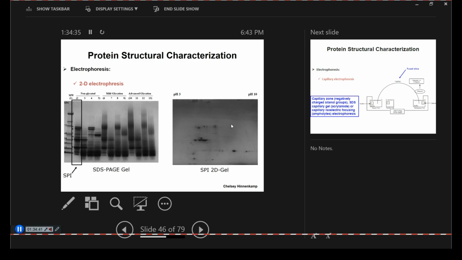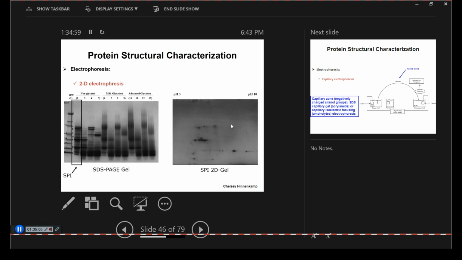We run it in one dimension and take that one sample and run it again using isoelectric focusing and then separation by size. We were able to see this has the same molecular weight, but there are like 5 different subunits here. And then here also you have same molecular weight, but you also have multiple different subunits.